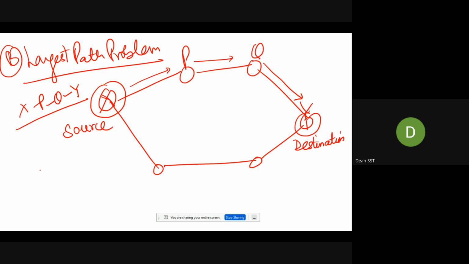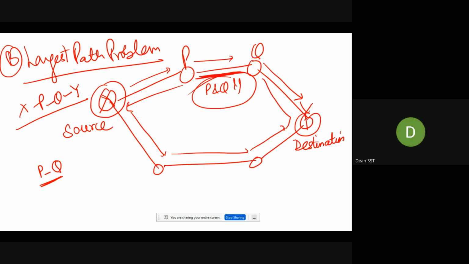Now I want to find the longest path between P and Q. So will this be the longest path? P to X, X to... Tell me, between P and Q. No, ma'am, it is the shortest path. Yes, it is the shortest path. The longest path will be like this.